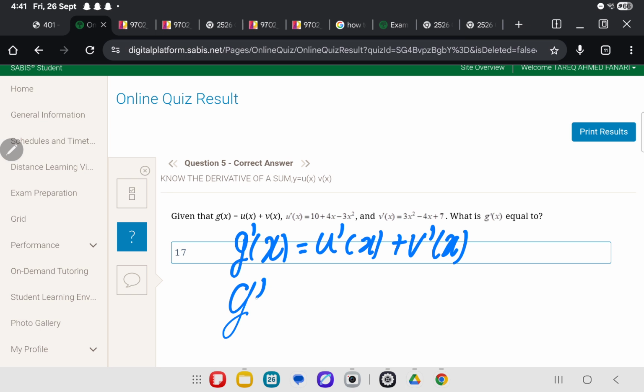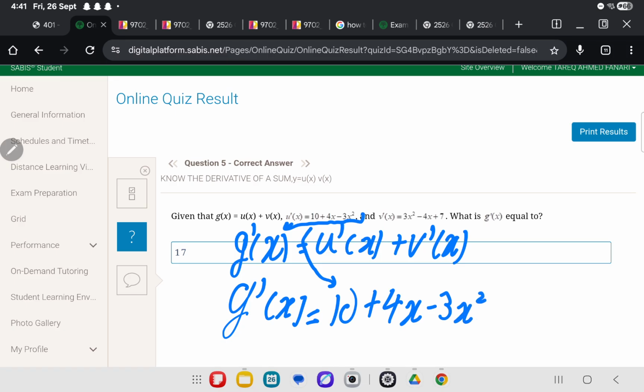Now u prime of x is 10 plus 4x minus 3x squared, and we're copying that here, plus 3x squared minus 4x plus 7. If you don't know where that part came from, it's just v prime of x, which I copied over.